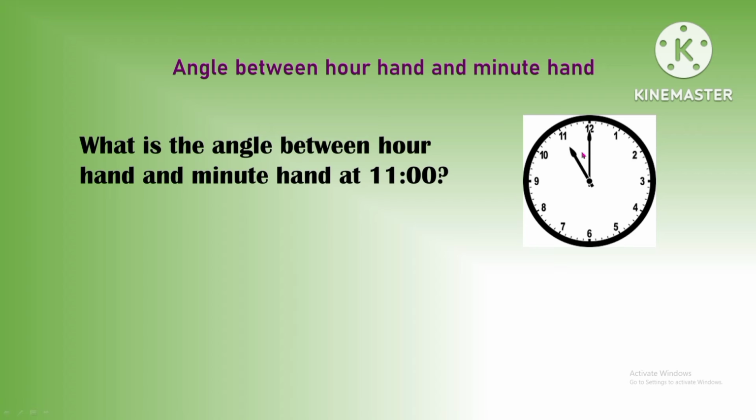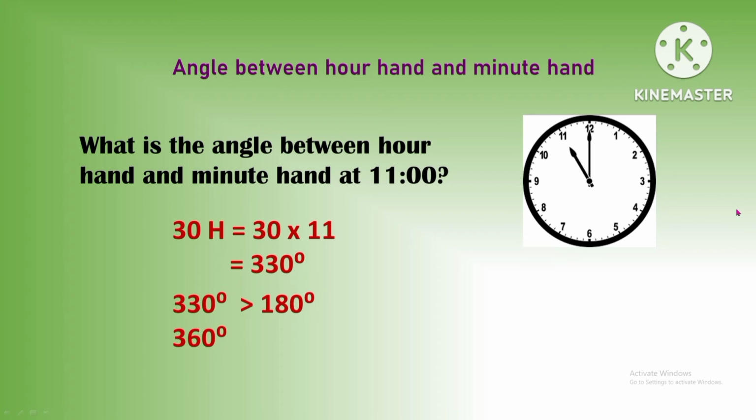Either you shall apply directly as 30 degree or you can use the formula. While using the formula, what is the formula? 30 H, right? So if we substitute 11 in the place of H, we will get 330 degree. Since 330 degree is greater than 180 degree, what you have to do? We have to subtract from 360 degree. So if we subtract 330 degree from 360 degree, the final answer is 30 degree.